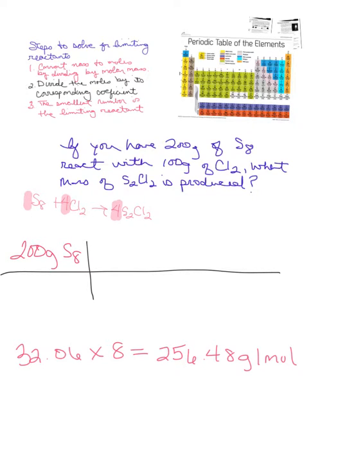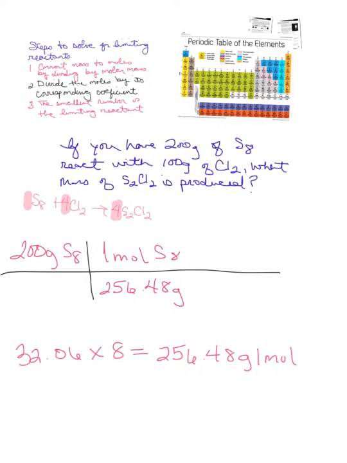And I calculated my molar mass to be 256.48 grams for every 1 mole of cyclooctasulfur.